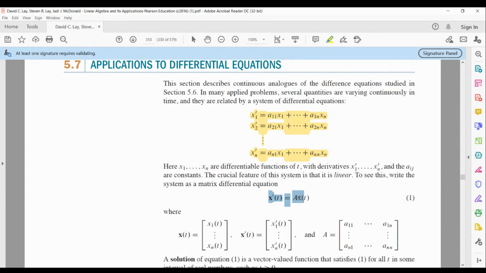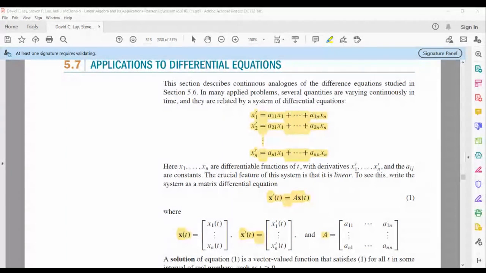Well, I can represent that linear system of differential equations as a matrix equation, where on the left-hand side I have the vector x prime of t, and that equals on the right side A times x of t, where x of t, x prime of t, that vector, and the matrix A are defined as you see them there.